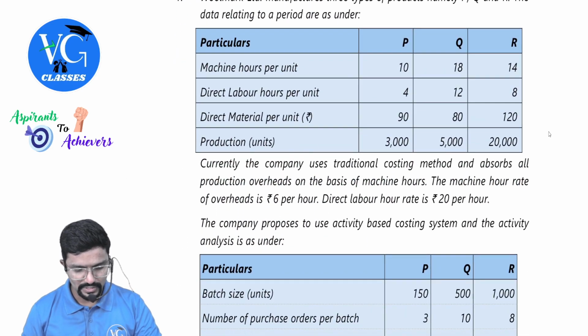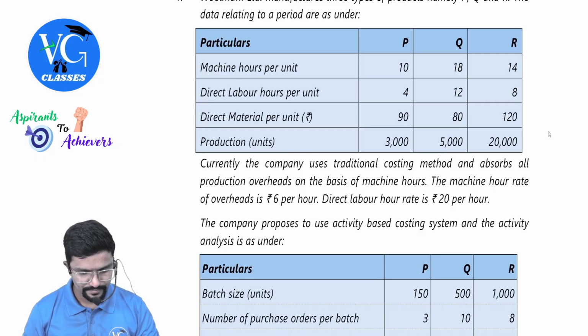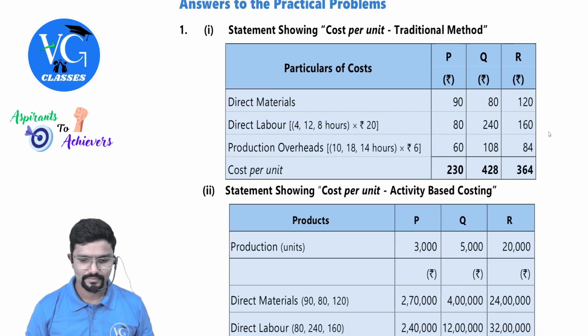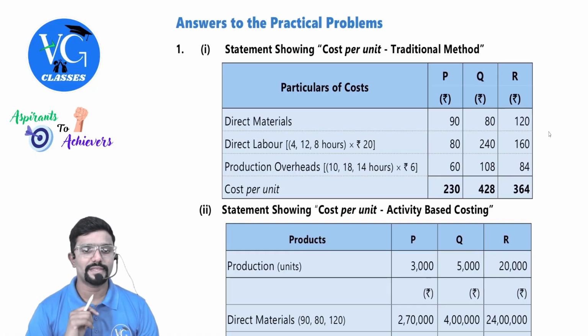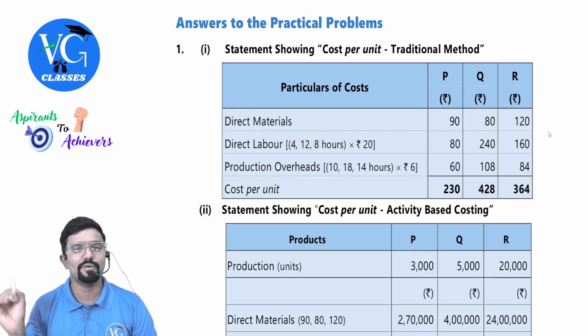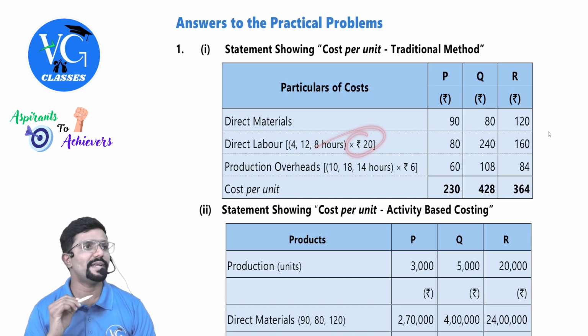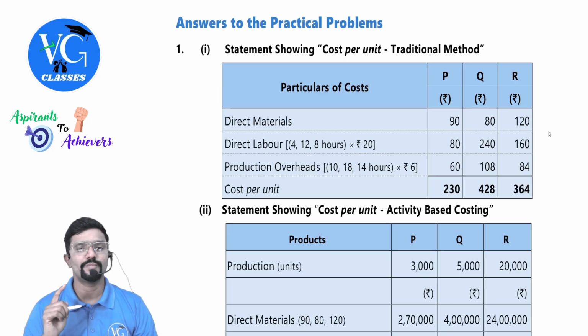Let us go to the solutions. Statement showing cost per unit, traditional method. Direct material is directly given in the question. Direct labor: for each unit, see how many hours they have given for P, Q, R and multiply that with 20. 20 is given below the table.